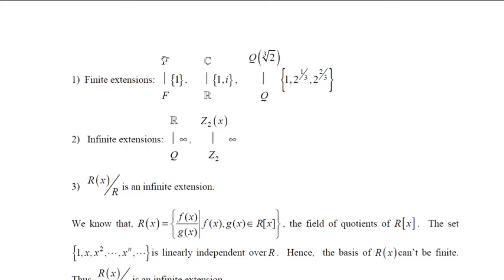Every element of this vector space can be written as a linear combination of these basis vectors. In fact, if A is an element in this field, then A is equal to A into 1, which is a linear combination. Therefore, 1 is the basis of this extension, and therefore this is finite. The dimension of F over F is 1.